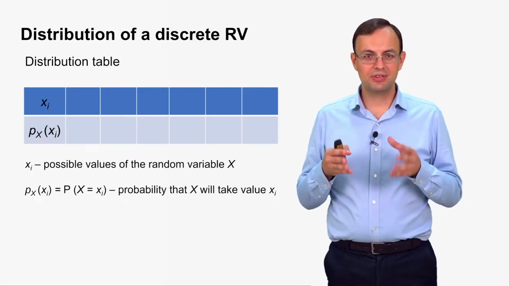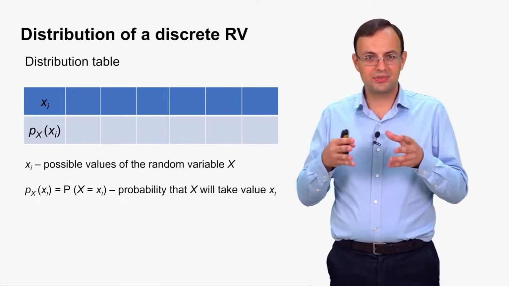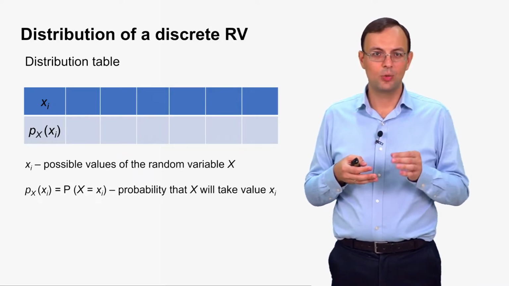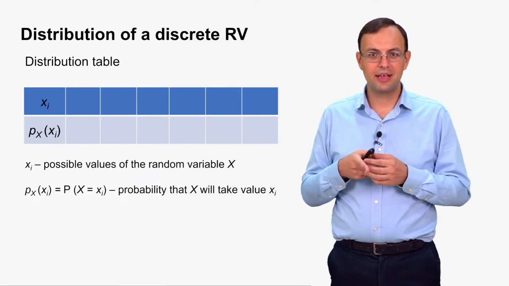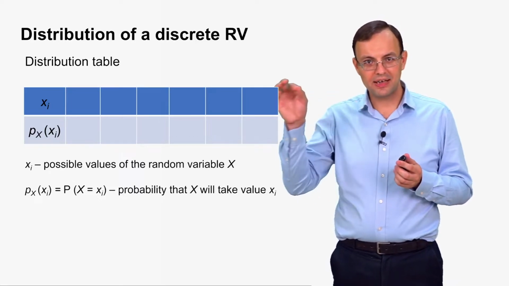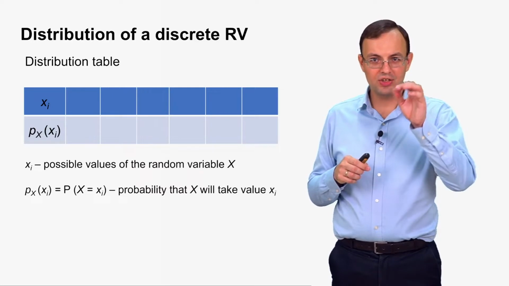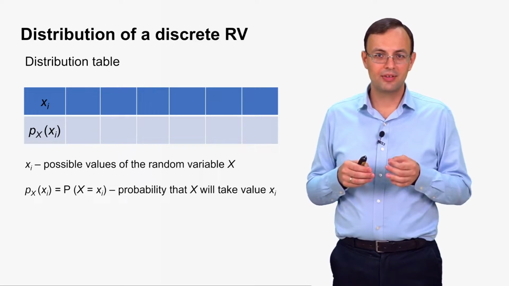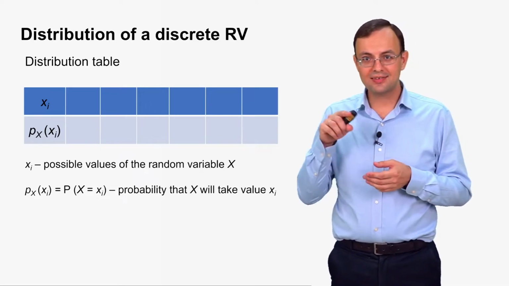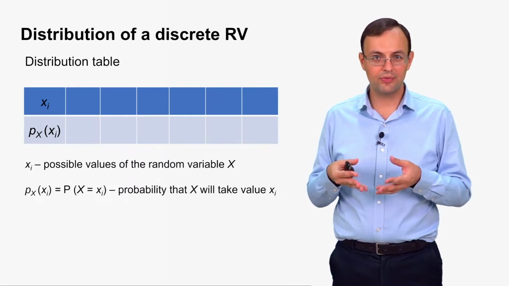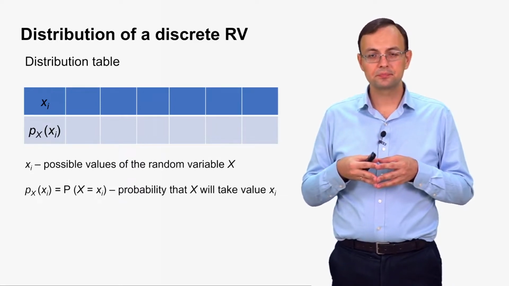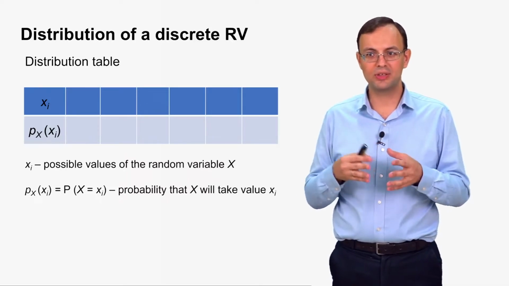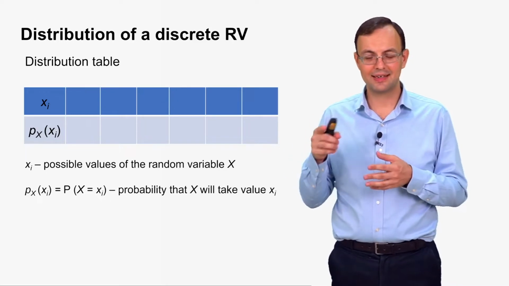So for a discrete random variable, as the set of its possible values is a set of isolated points on the numerical axis, we just can draw a table and fill this table with all possible values of a random variable, and for each value we can provide the probability to take this value. In this table, xi is a possible value of the random variable, and p of xi is the probability that this random variable will take value xi.